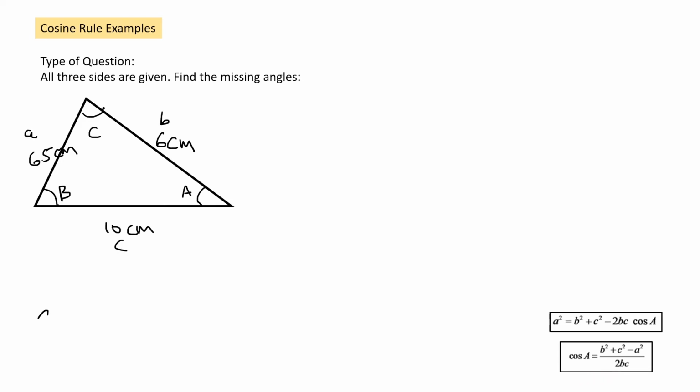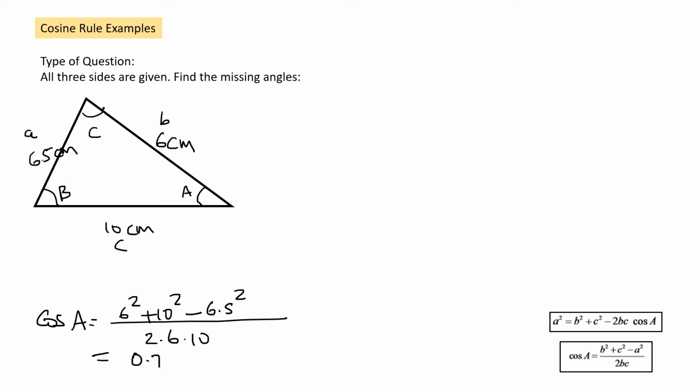So cos A is, what is it, b squared. B squared is 6 squared plus c squared, 10 squared, minus a squared, 6.5 squared, divided by 2 times bc, 2 times 6 times 10, 0.7813.